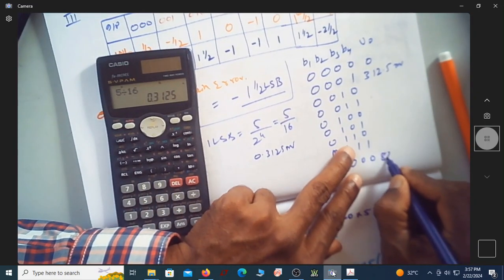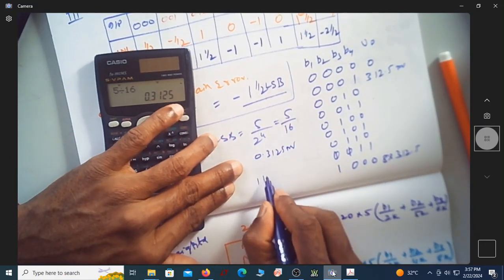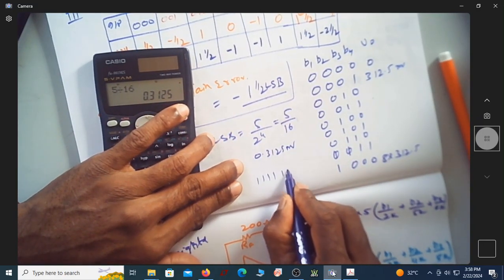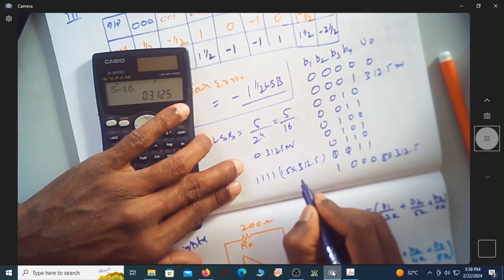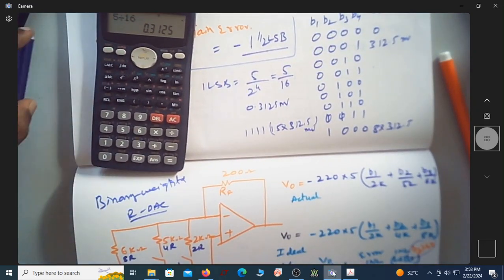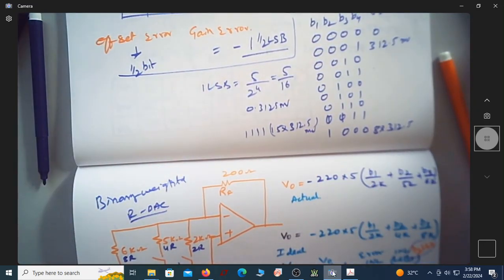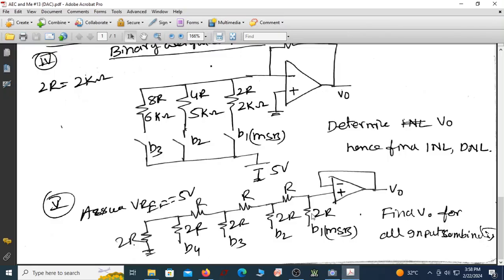This is 8 times 312.5 millivolt. Likewise, the last one, 1111, is actually 15 times 312.5 millivolts. This will be the output voltage you will ideally get from this circuit for all input combinations. Okay, thank you.